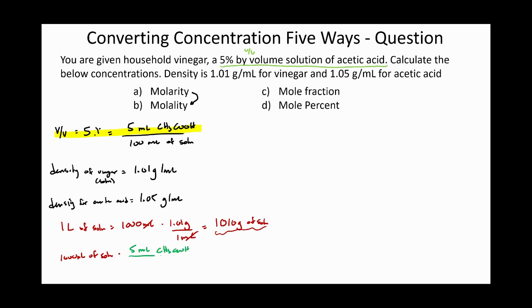CH3COOH divided by 100 milliliters of solution. Cancel out milliliters of solution, and that says that we'd have 50 milliliters of acetic acid, CH3COOH.